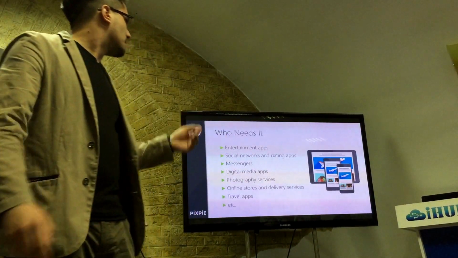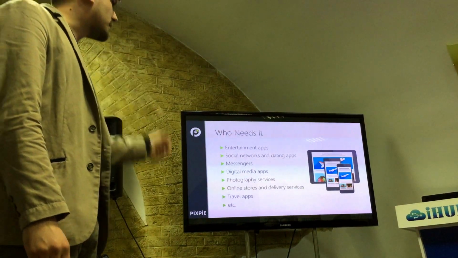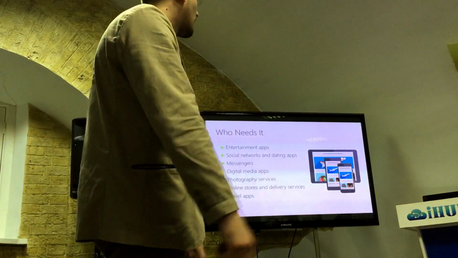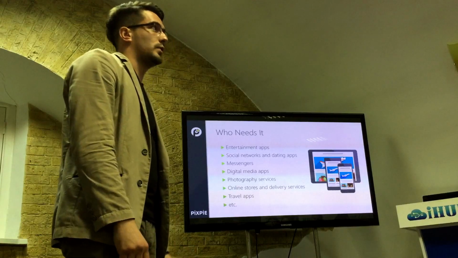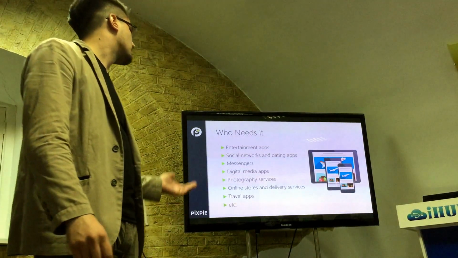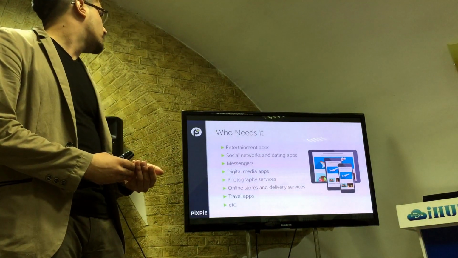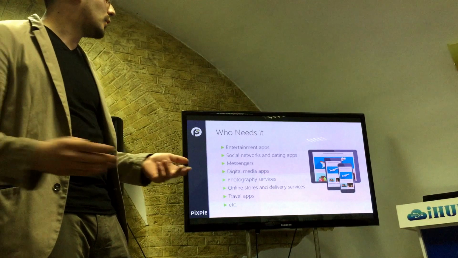So who needs it? Not only telecoms. For example, entertainment apps, like the IMDb videos and movies app. There is a lot of media content and a lot of users using it. Social networks and dating apps like Facebook, Tinder, all of you know.